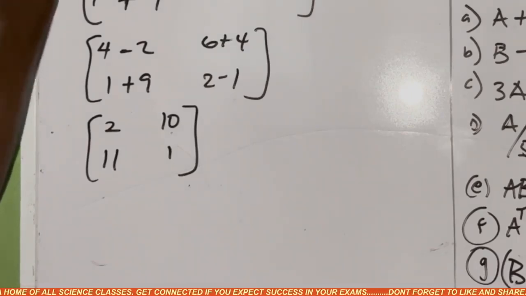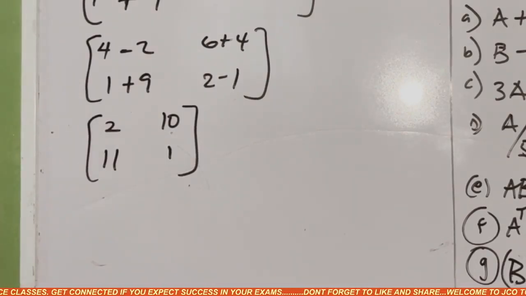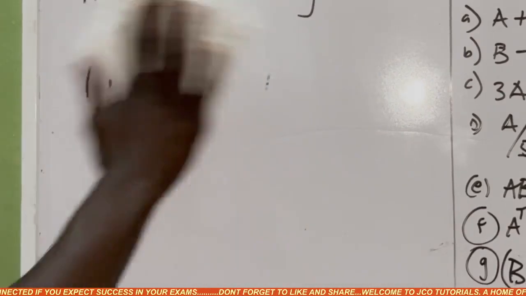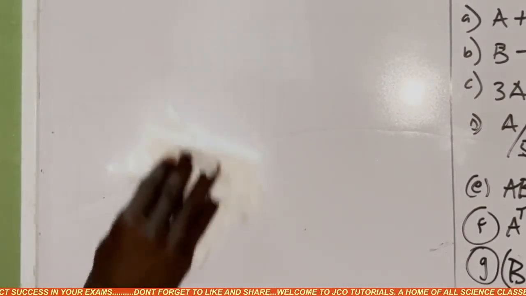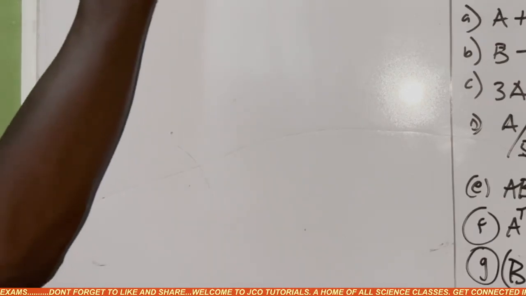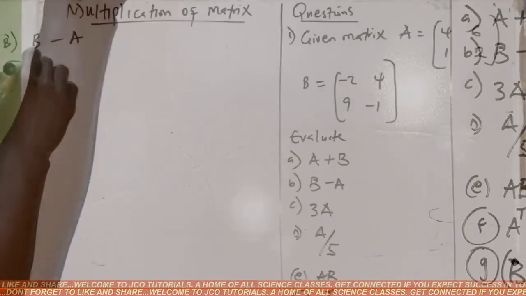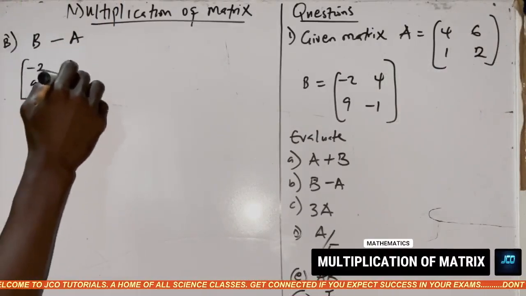Now the next question says we should subtract matrix A from matrix B. So A from B. That means you have B minus A. You write your B first. Don't go and swap it, please. -2, 4, 9, -1.